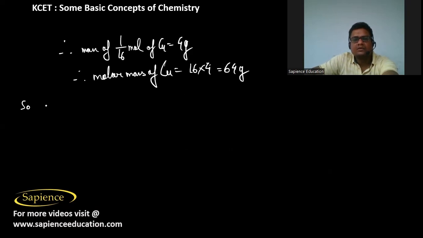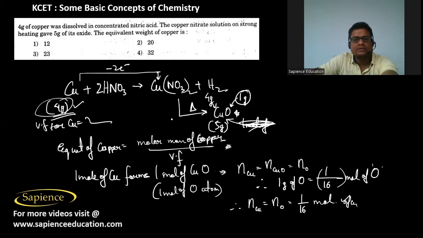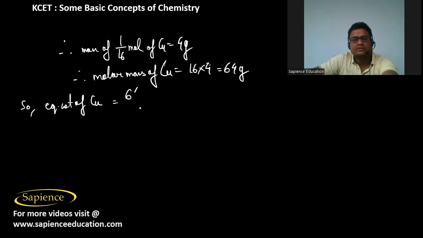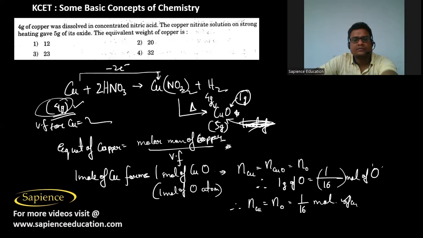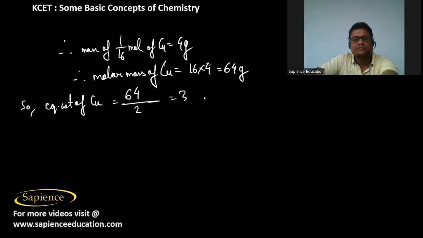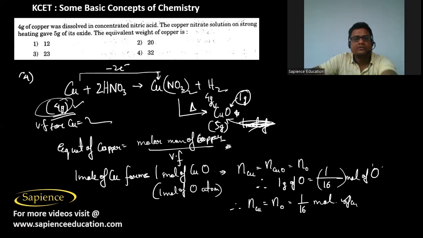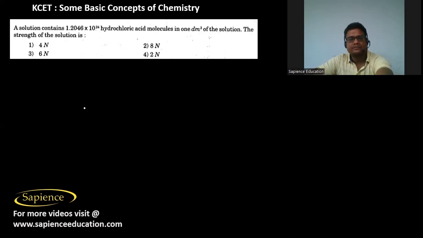And so the equivalent weight of copper will be 64 gram divided by 2, since the valency factor is 2. So that will be equal to 32 gram. So option 4 is the correct answer.